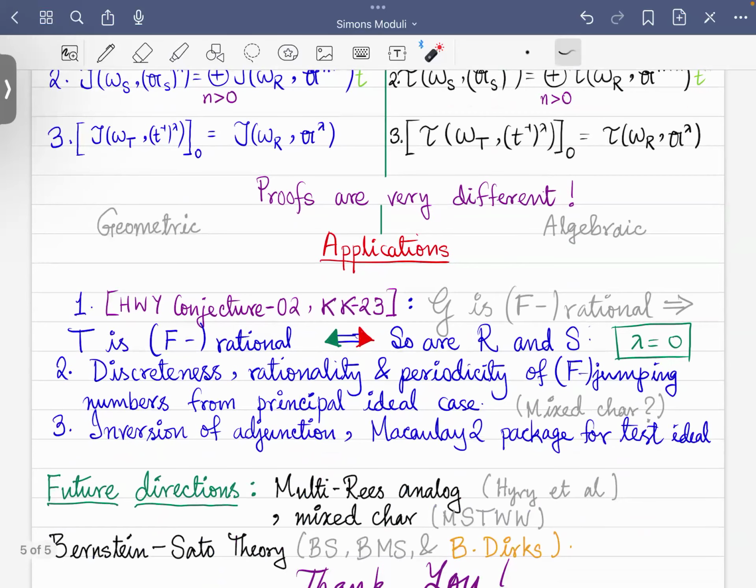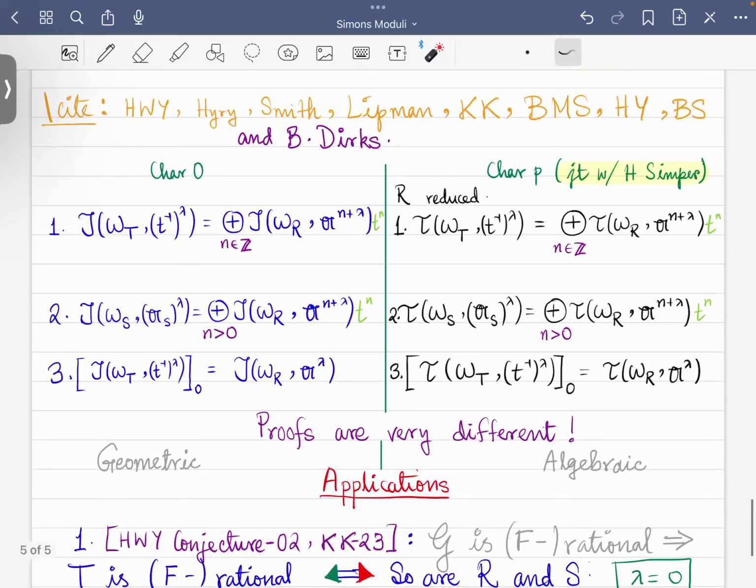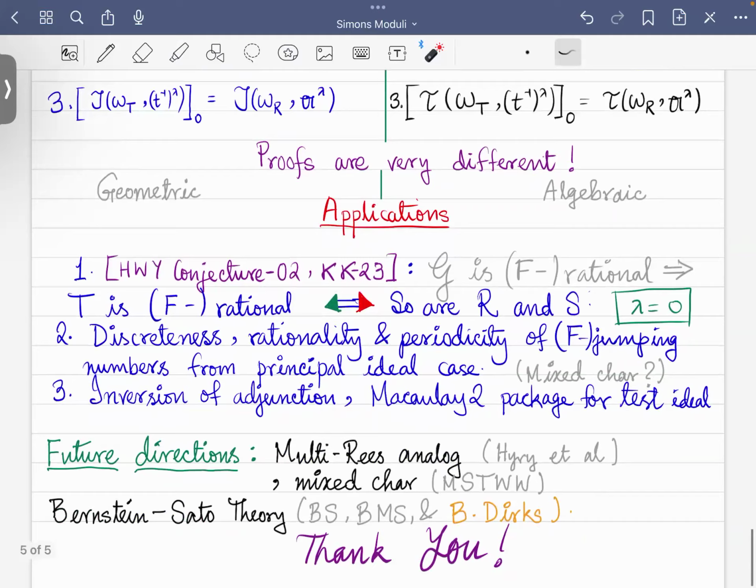And similarly, Hara, Watanabe, and Yoshida proved this direction, the green direction, that if R and S are F-rational, then T is F-rational. Again, we get that from these decompositions in some sense, because F-rational implies Cohen-Macaulay.